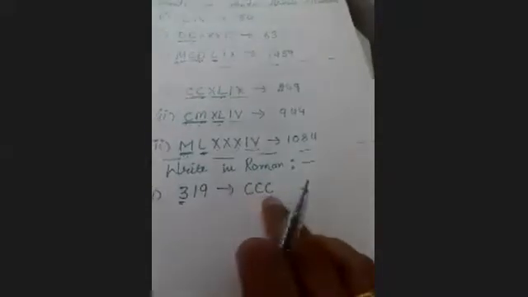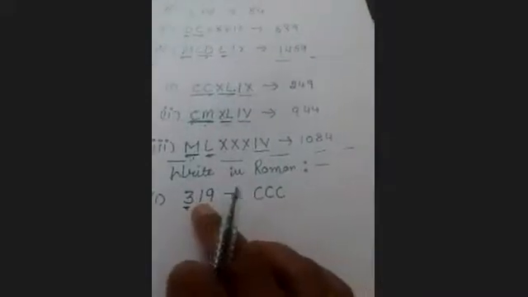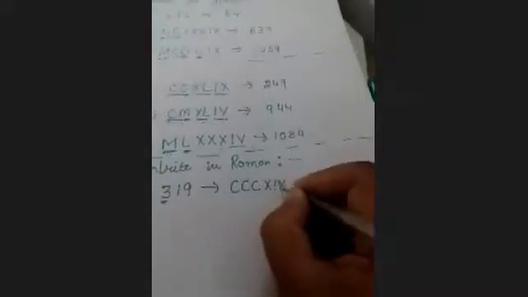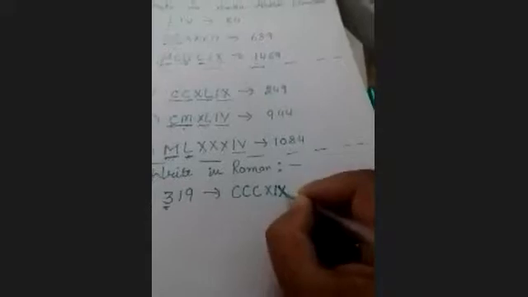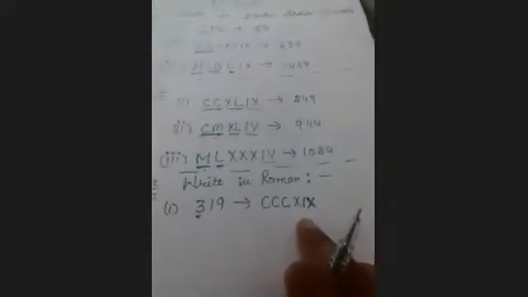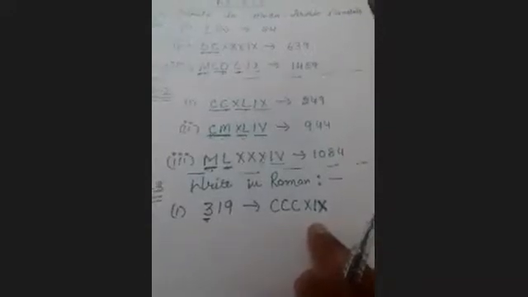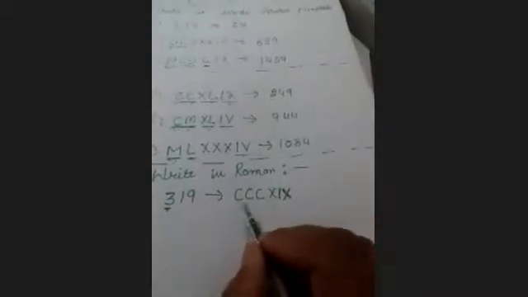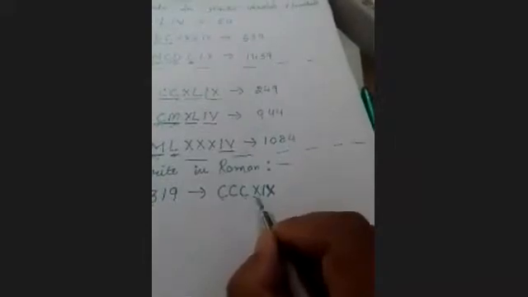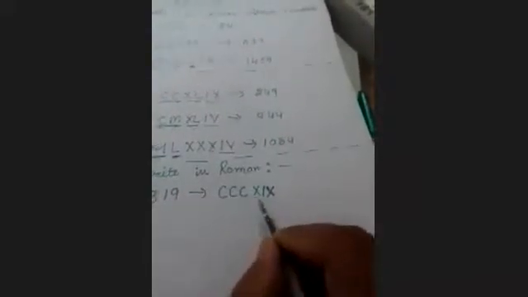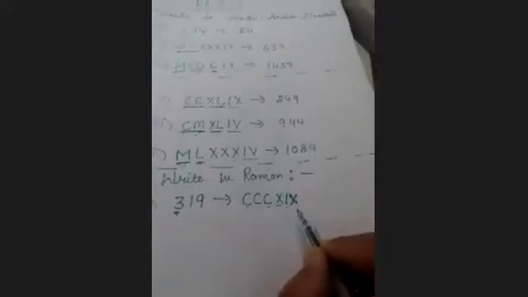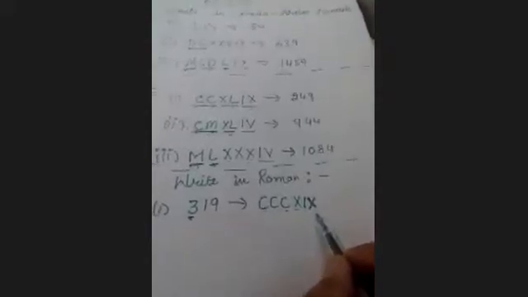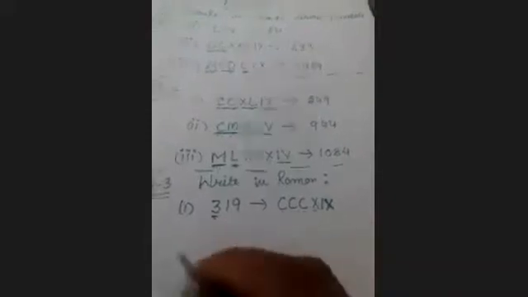Then 19 is XIX. So 319 is CCCXIX. Clear, friends?